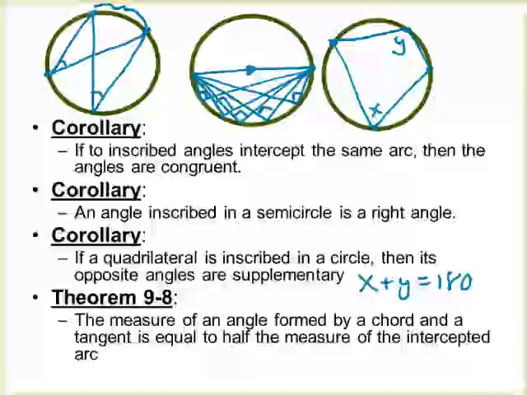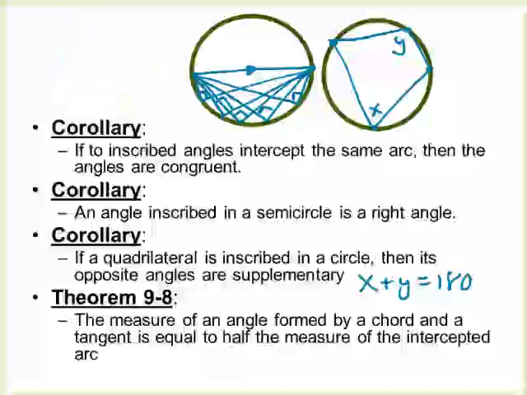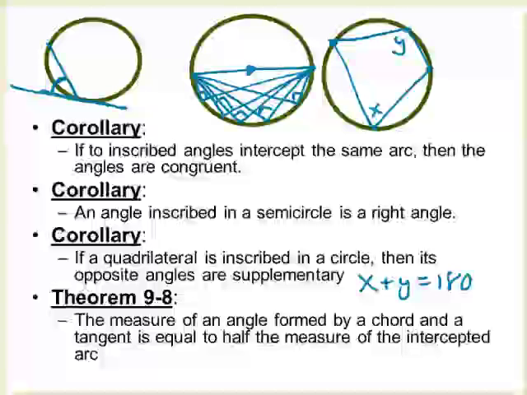And we have one more theorem. If I have an angle that is formed by a chord and a tangent, so here's an angle that I made by a chord to the circle and a tangent to the circle.